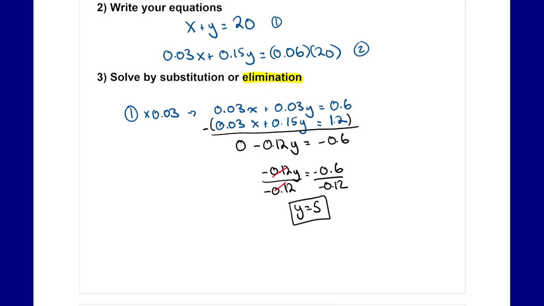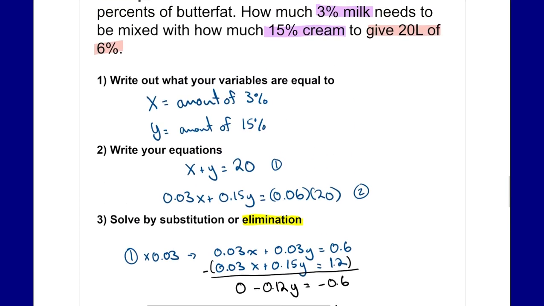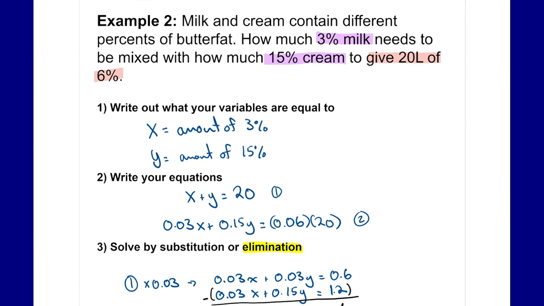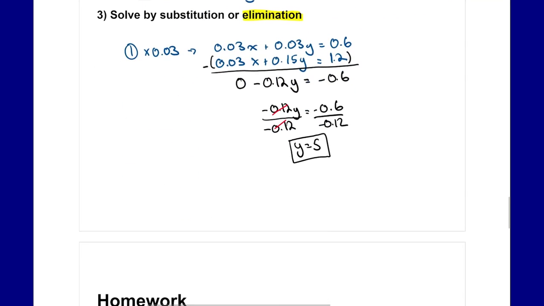So that tells me how much of the cream, which was the 15%. So I know therefore 5 liters of 15% cream is needed.